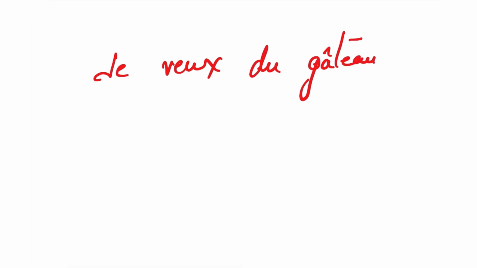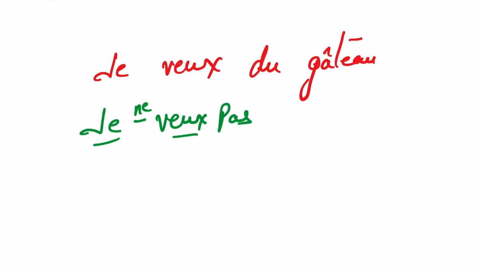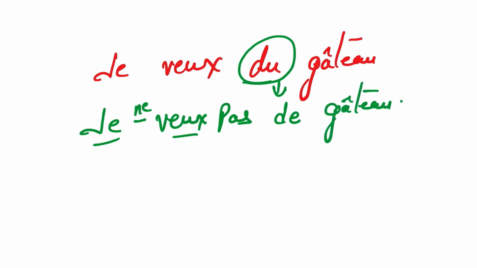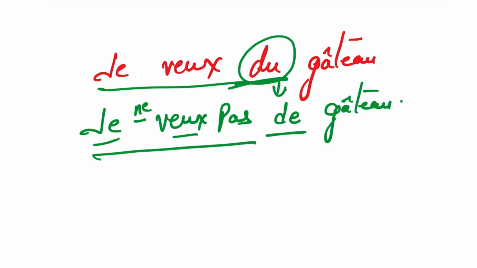Okay, let's change this example into negative now. Je ne veux pas. Now, this du will change into what? De. Gâteau. Okay, got it?